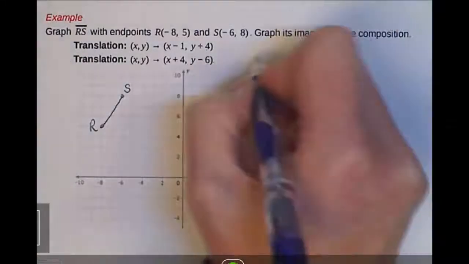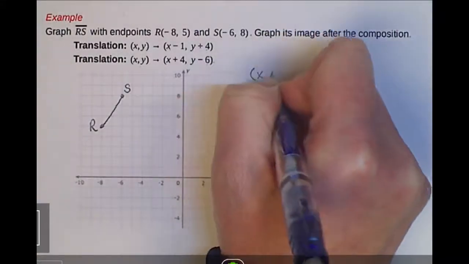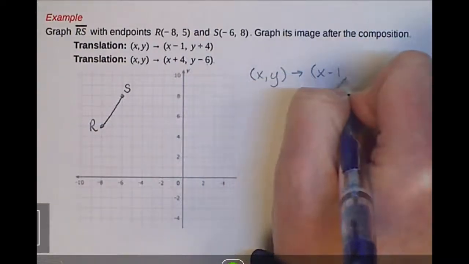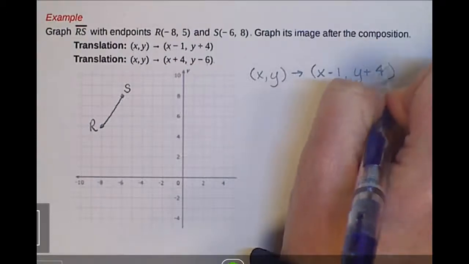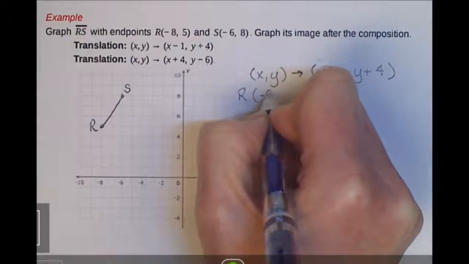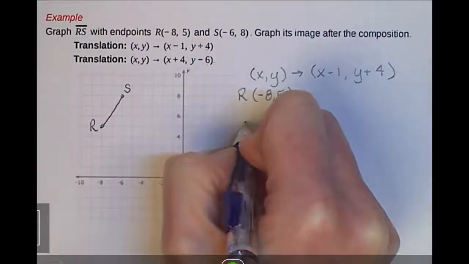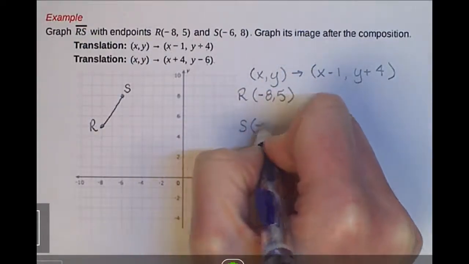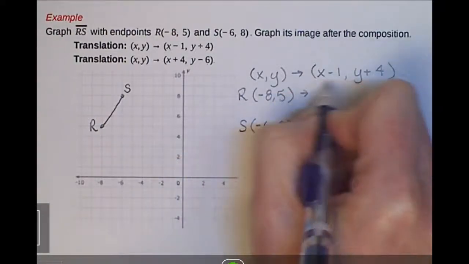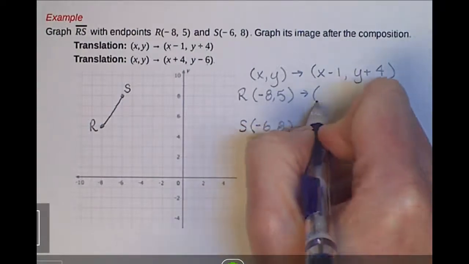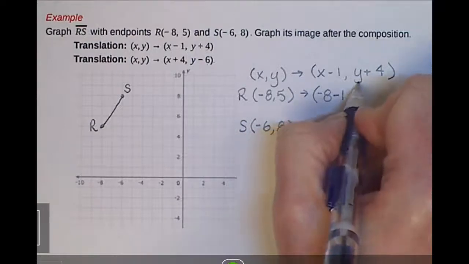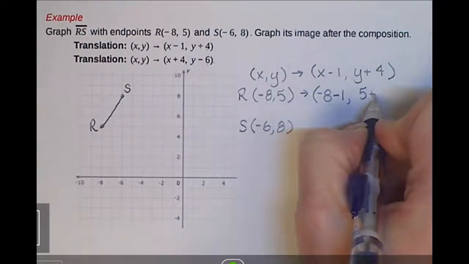So we are first going to work with the translation of XY yields X minus 1, Y plus 4. Our original R has the coordinate point -8, 5, and our original S is -6, 8. Following this rule, we take our original X, which is -8, subtract 1, take our Y value of 5, add 4.